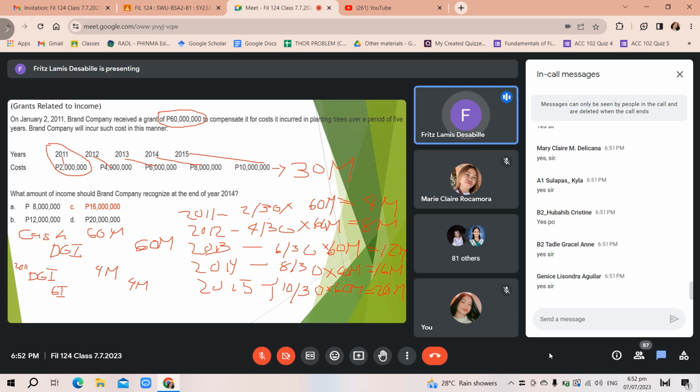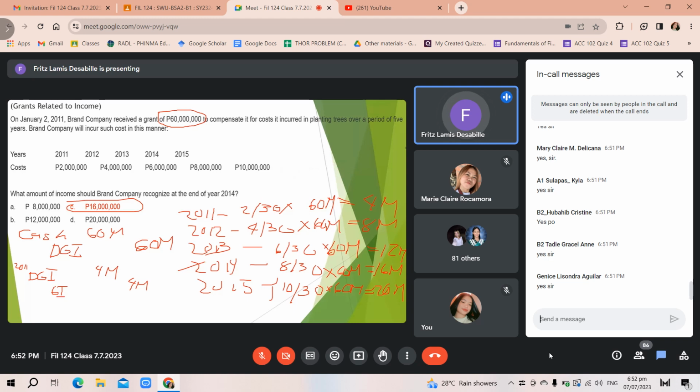Let's say for example, mag-ask ang question, okay na tanong ka ba natang answer ani letter C? 2014 kay kanino? 2014, 8 over 30 times 60, that's 16 million. Now, an alternative question here, guys, they would be asking how much is the balance of the deferred grant income.